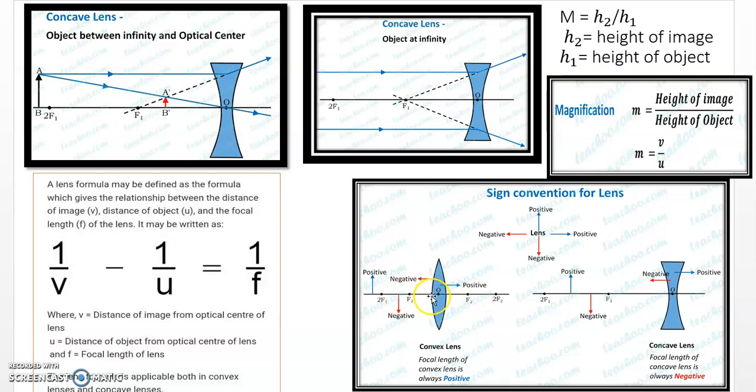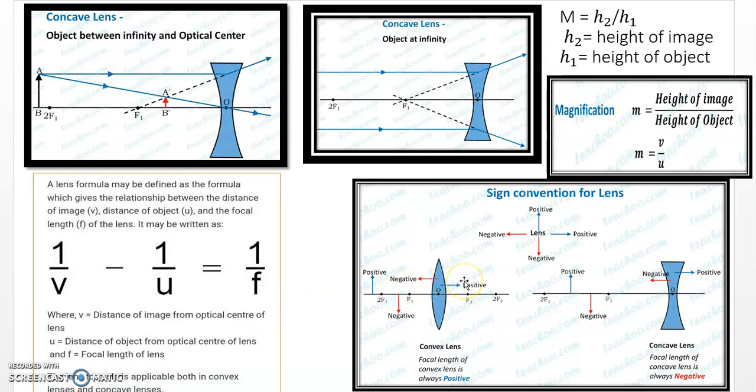To the left, everything will be negative. Now, for both lenses the object is placed on the left side. So the object distance will be negative, and the object distance is represented by the letter U.